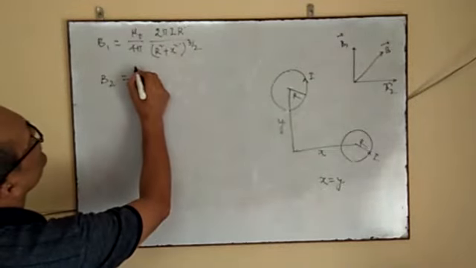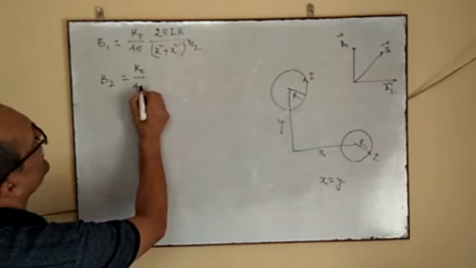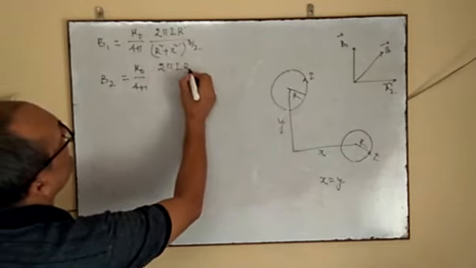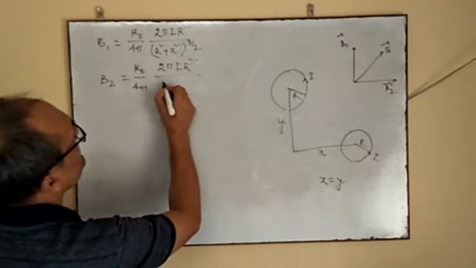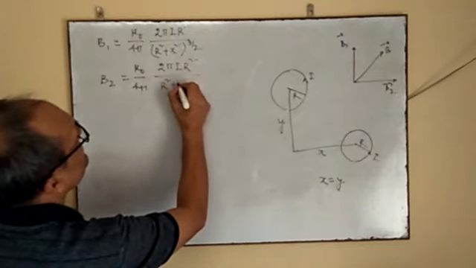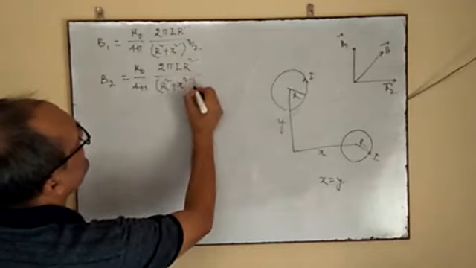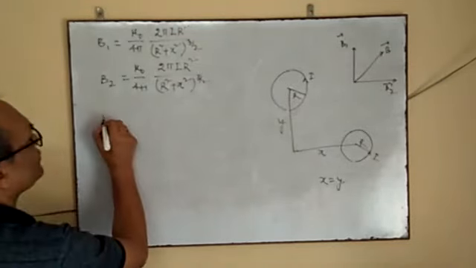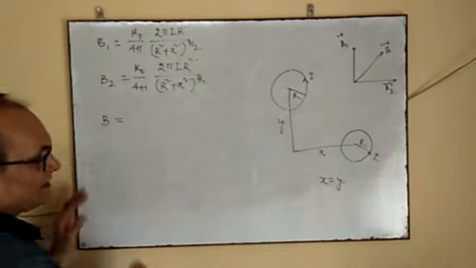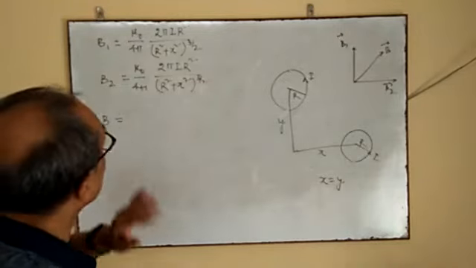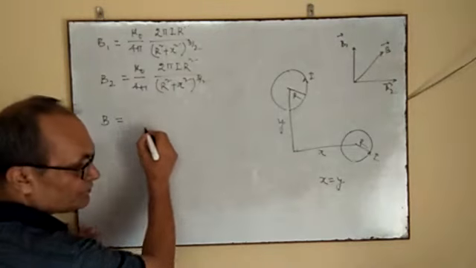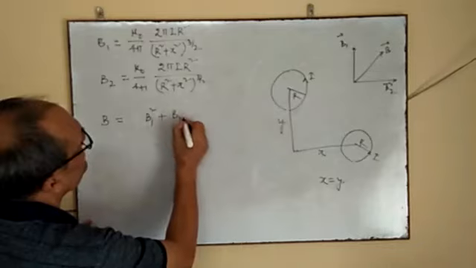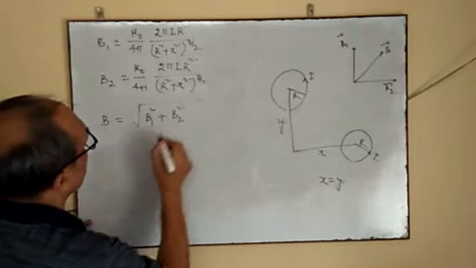So B2 equals to mu naught by 4 pi, 2 pi I r square by r square plus x square, to the power 3 by 2. So the resulting magnetic field will be equal to under root B1 square plus B2 square.